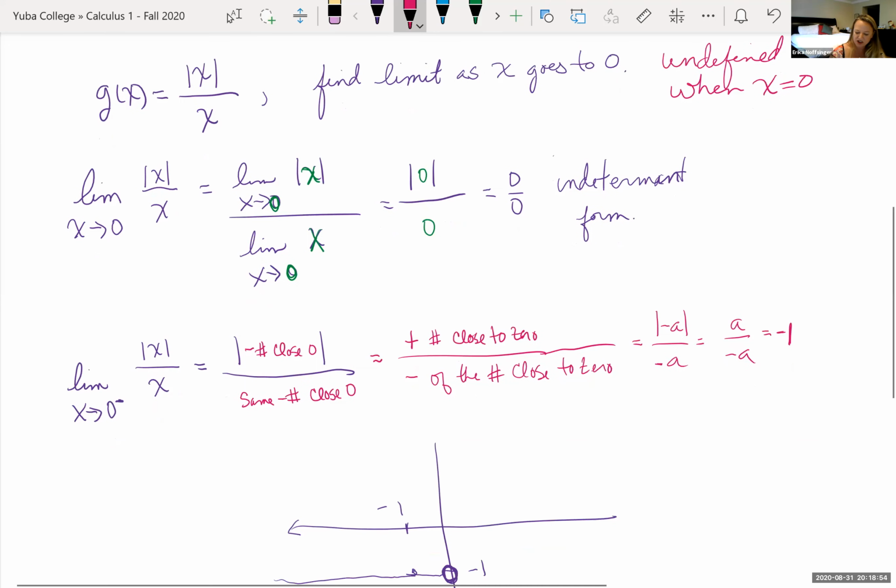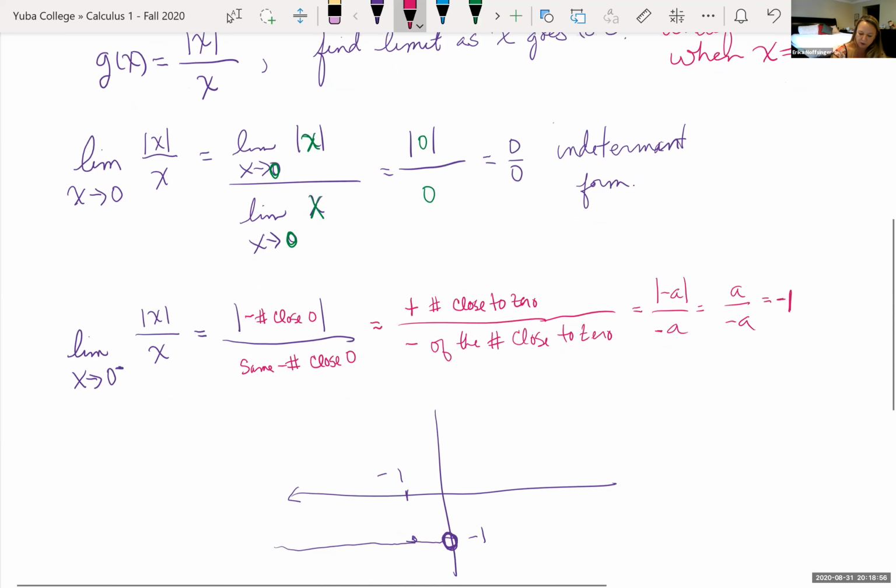Same sort of reasoning if we're approaching it on the right. This time, when we're getting closer and closer to 0 on the right, if we take the absolute value of a positive number, it's still that same number all over that number.